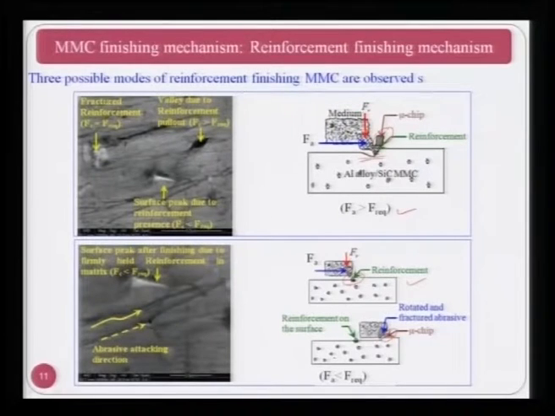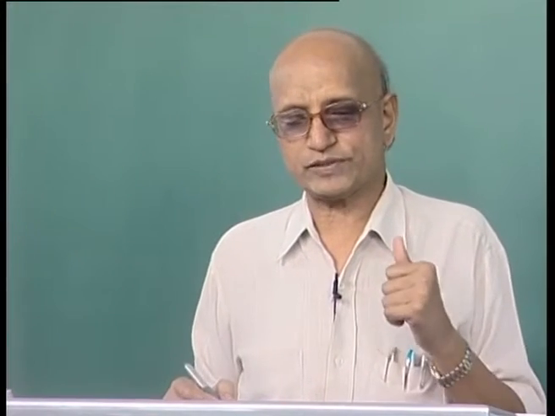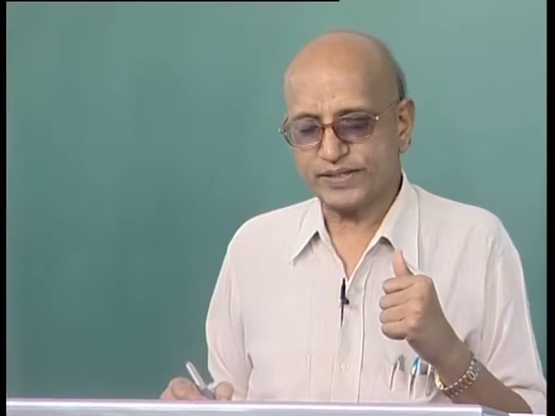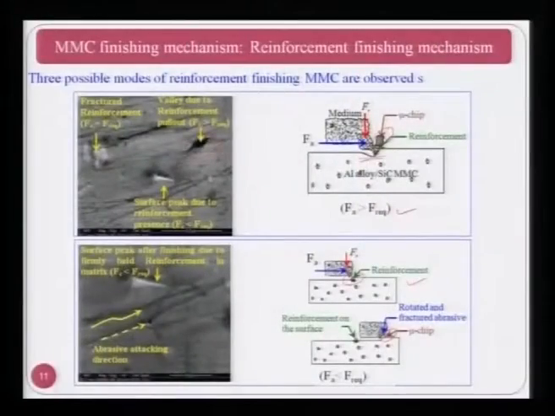Here you can see fractured reinforcement, and here a valley due to reinforcement pull out. This is very important: when the axial force is large enough and you are able to remove the reinforcement from the base or matrix material, such valleys are formed and they deteriorate the overall surface finish.